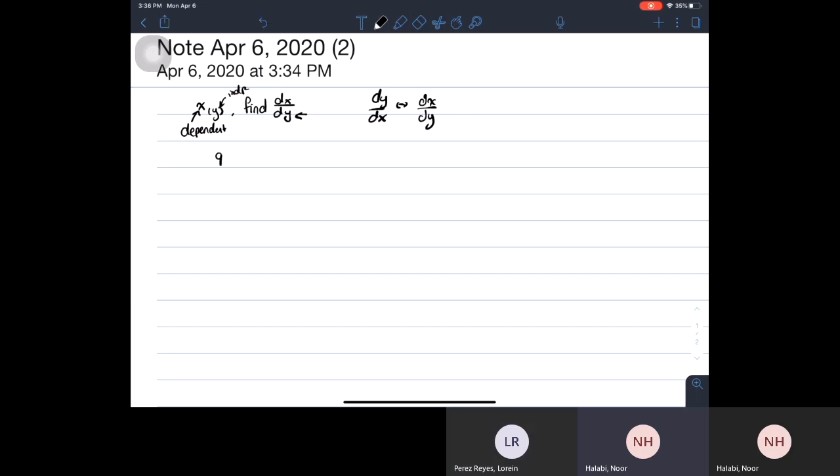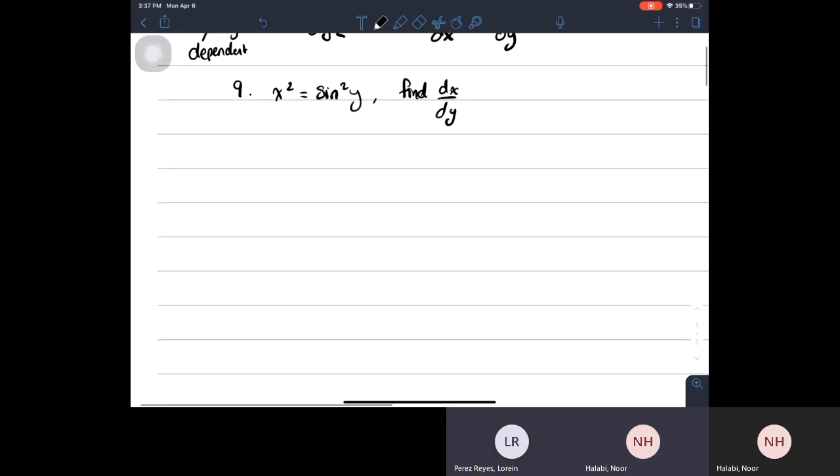So let's say number 9 says that we have x squared is equal to sine squared y, right? And it wants us to find dx dy. First of all, let's start with the obvious.